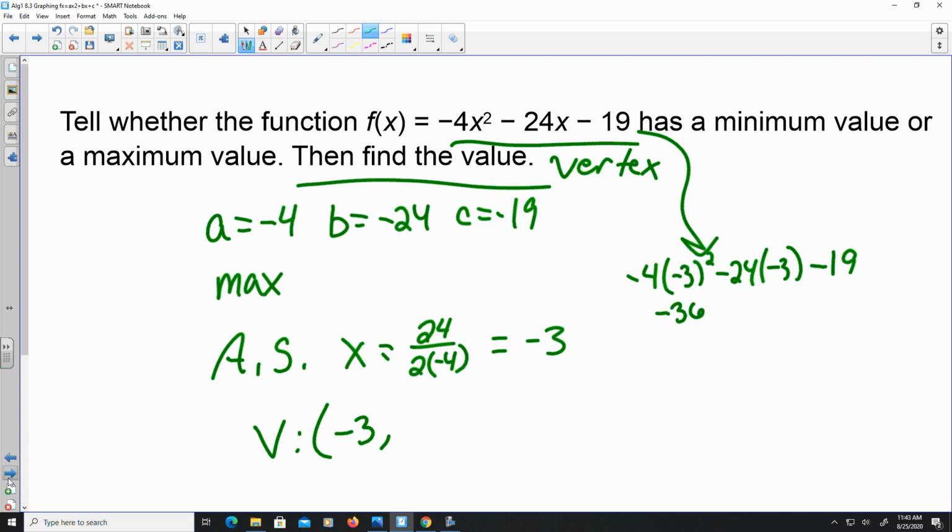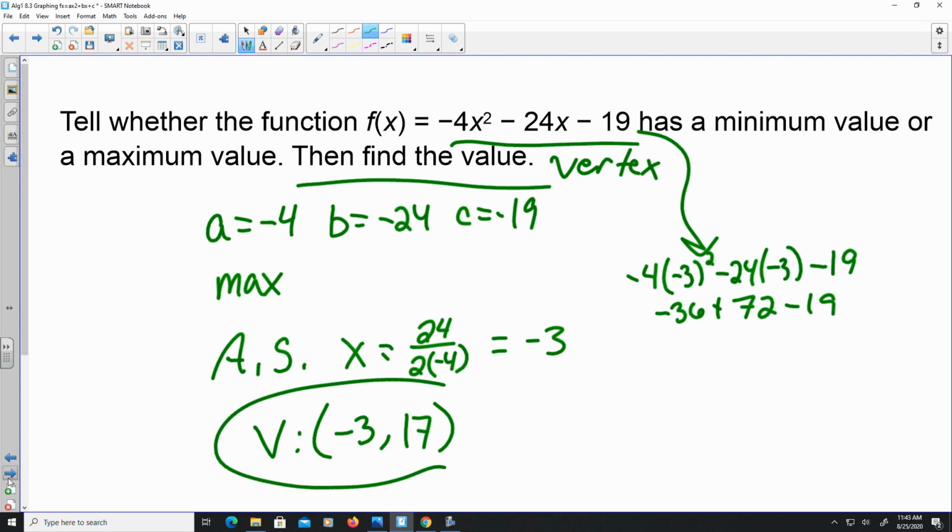Negative 24 times negative 3 is a positive 72, and then minus 19. So negative 36 plus 72 minus 19 gives me 17. So negative 3 comma 17 is that maximum value.